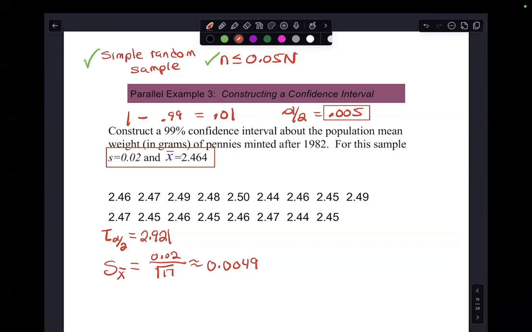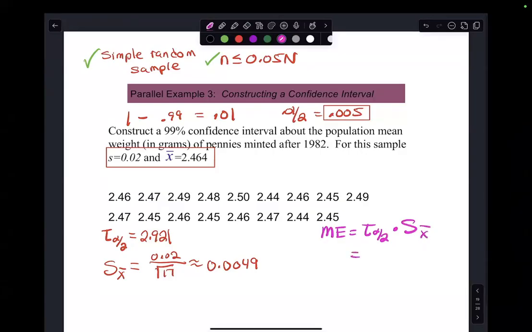So now that we have our t-value and our standard deviation, which is our new standard deviation or standard error, now I can calculate the margin of error. So my margin of error is going to be the t-value times s sub x bar.